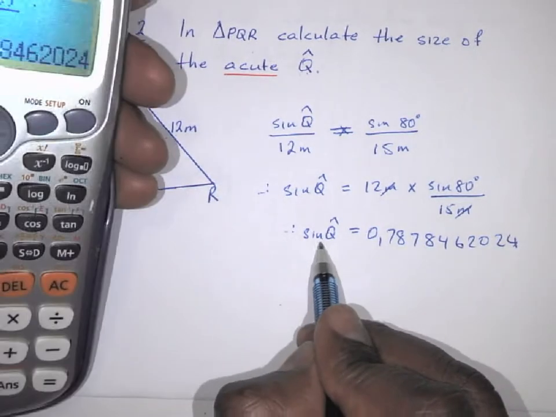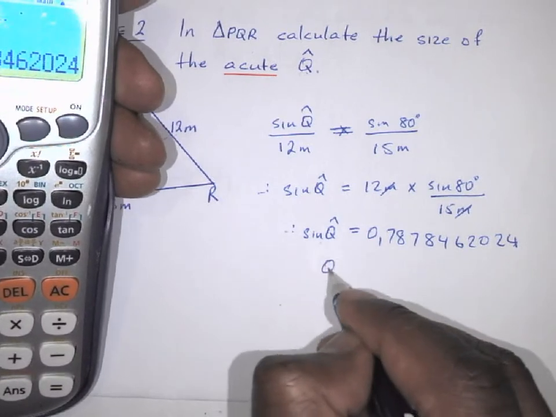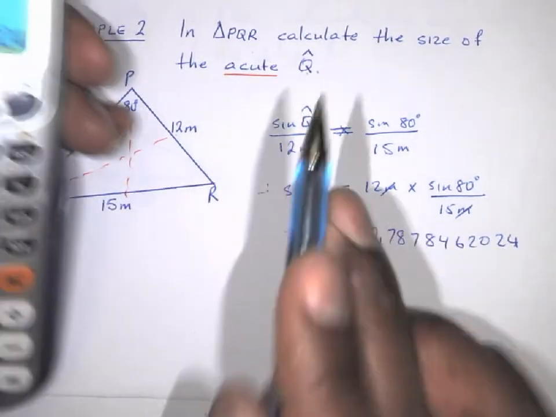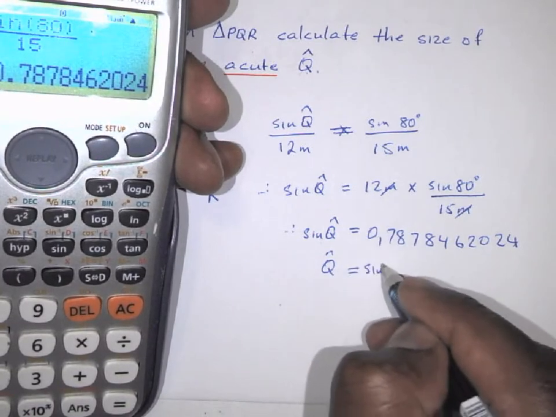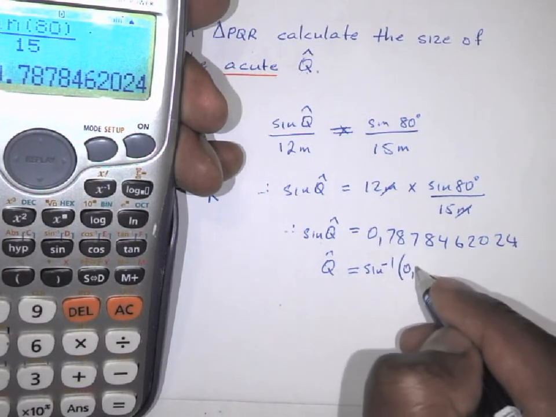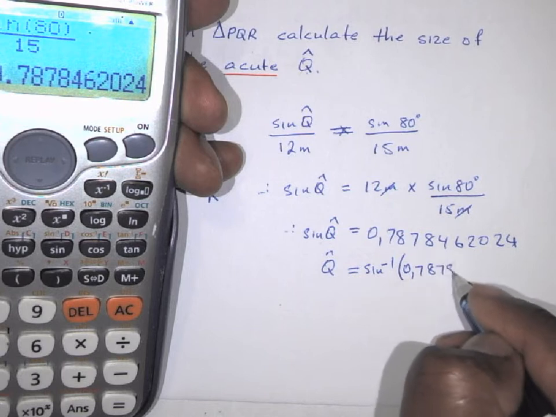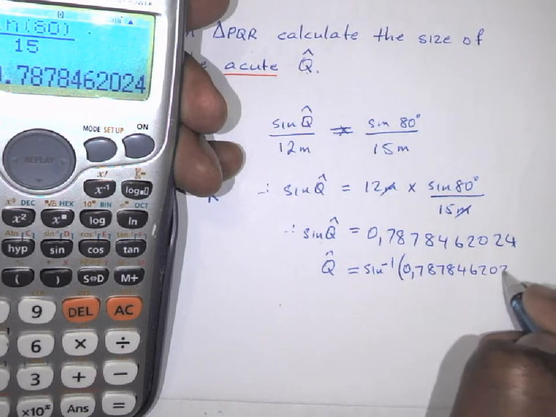Now I'm solving for Q. How do I find Q? So Q, I must get an acute angle, so I must go shift there, so I'll have arc sine there, so that is how I'll get it in the calculator: 0.7878462024.